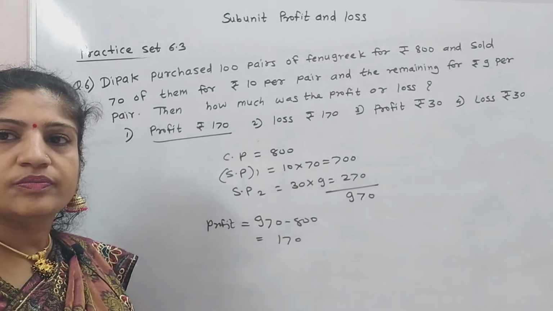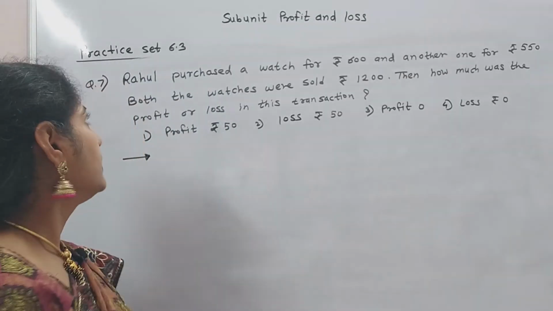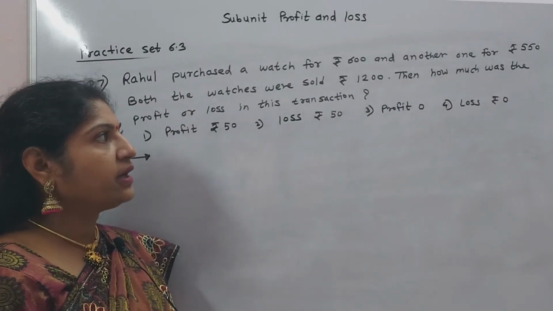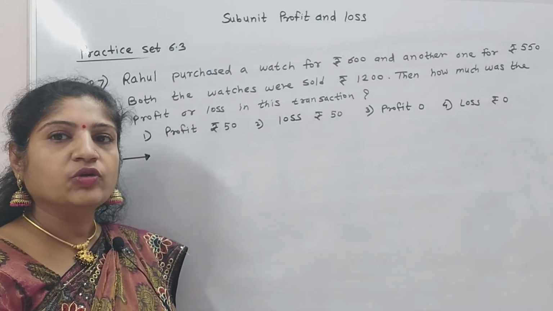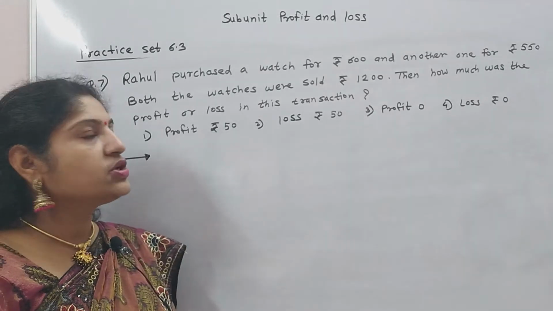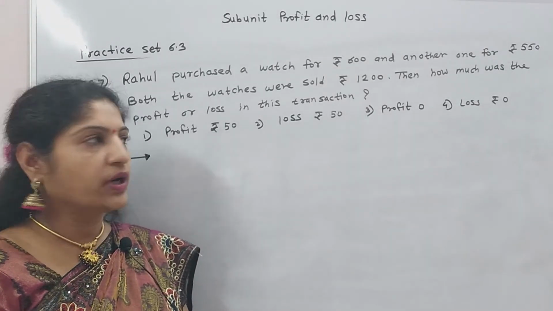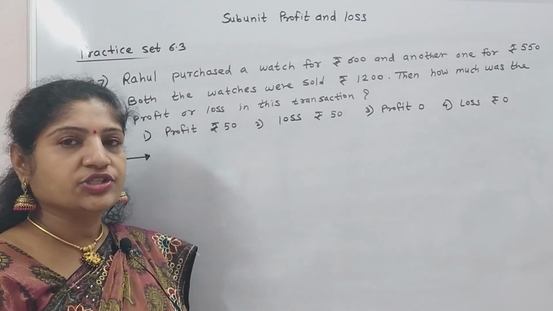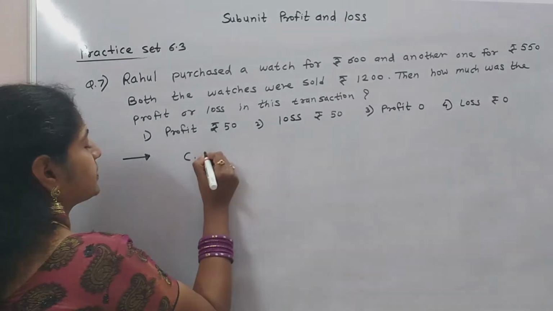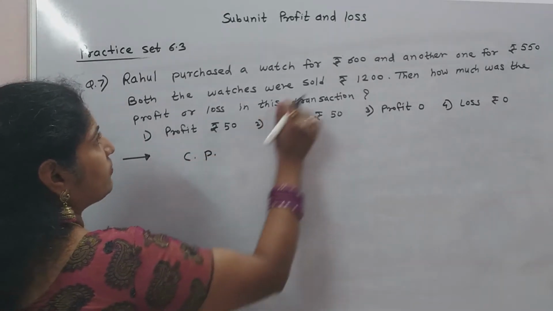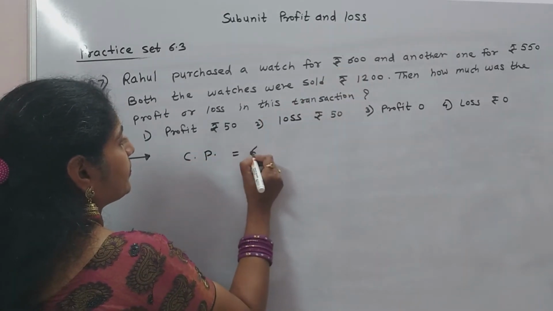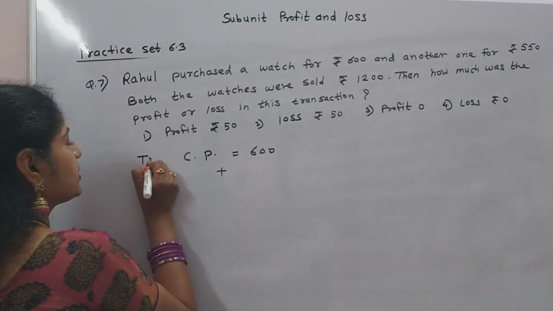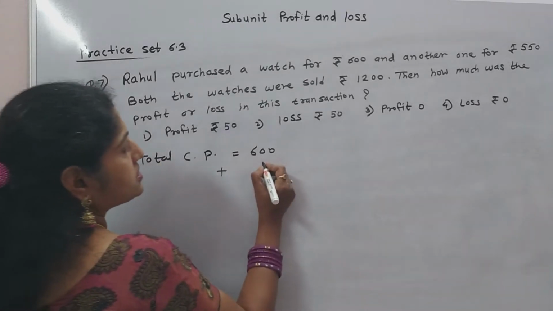Next example. Rahul purchased a watch for rupees 600 and another one for 550. Both the watches were sold at rupees 1200. Then how much was the profit or loss in this transaction? So total cost price. Cost price of first watch is 600 plus cost price of another watch is 550.